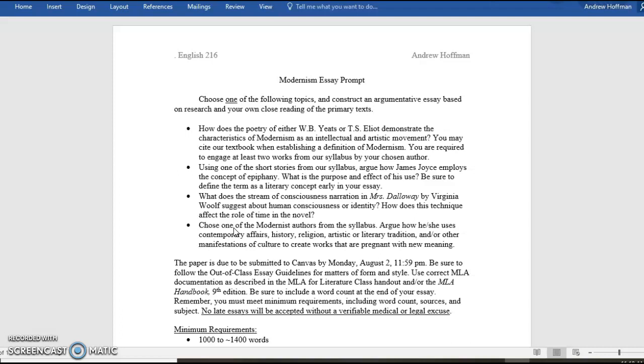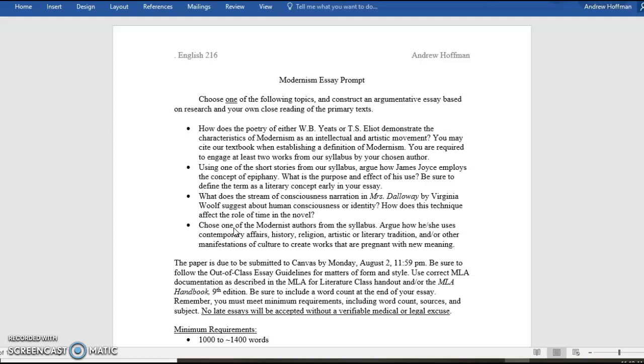The paper is due to be submitted to Canvas by Monday, August the 2nd, 11:59 p.m. Be sure to follow the out-of-class essay guidelines for matters of form and style. Use correct MLA documentation as described in the MLA for Literature class handout and or the MLA Handbook 9th edition.